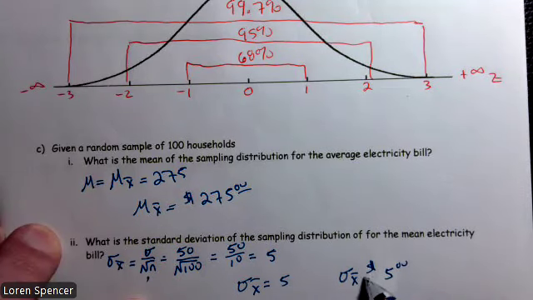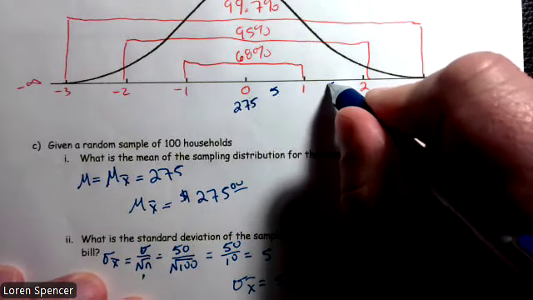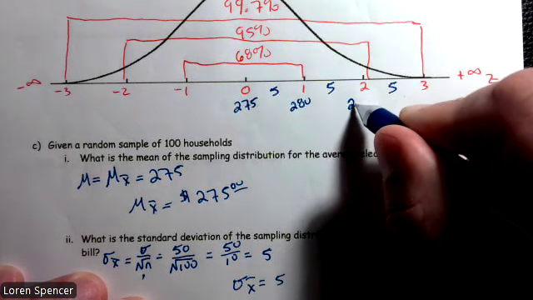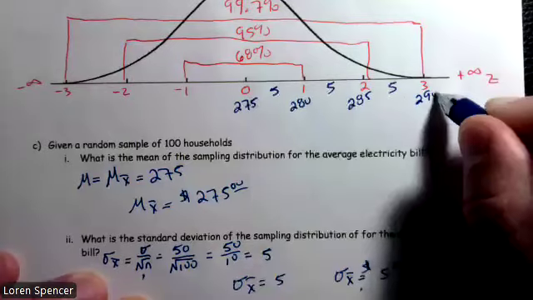So we already know that the mean was 275. And the standard deviation of X bar is 5. So this is going to be 5 between all of these. Well, that makes that 275 plus 5 is 280. Plus 5 more is 285. Plus 5 more is 290.